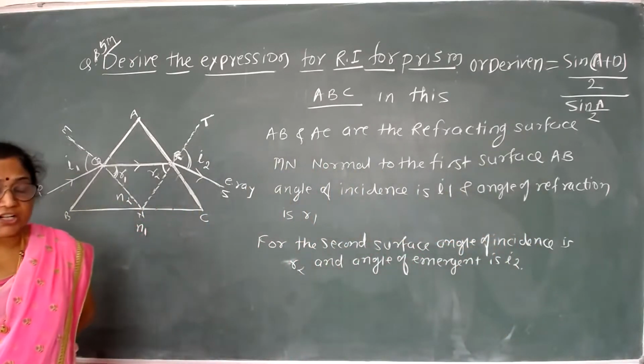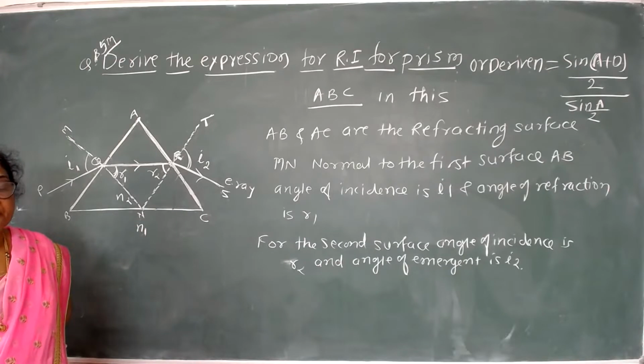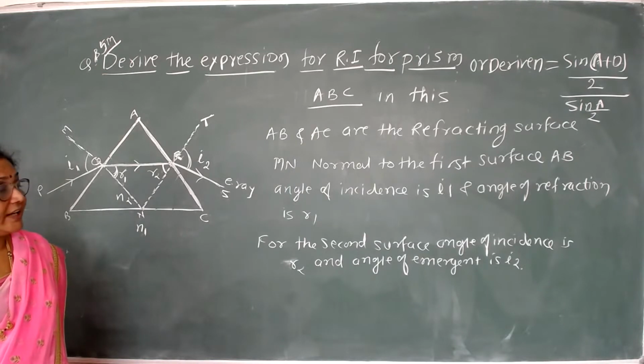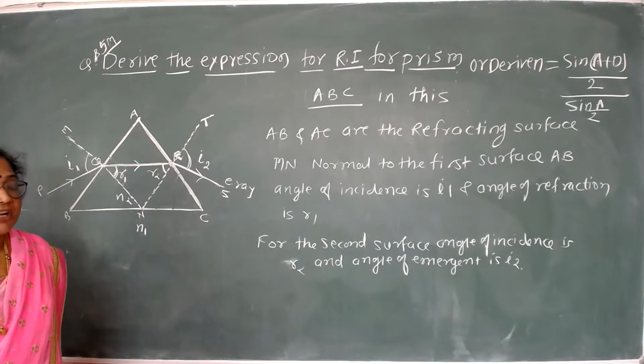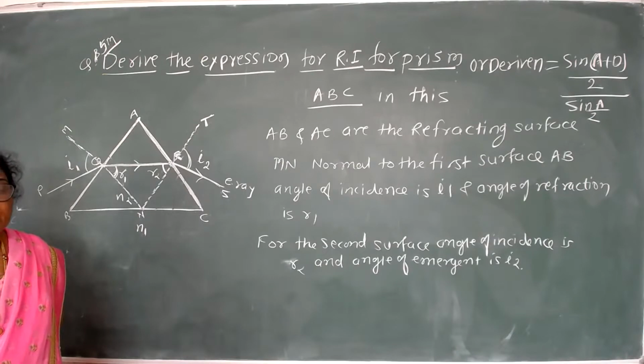Then here your aim is to derive the refractive index of the prism, and we know that the related formula for the refractive index according to Snell's law is n2 by n1 is equal to sin i by sin r. Means your aim is to find the sin i by sin r.